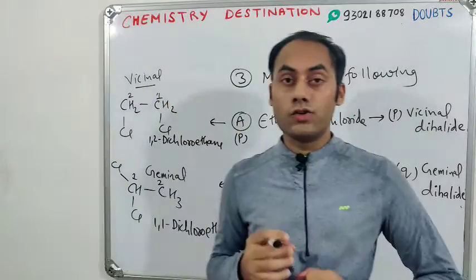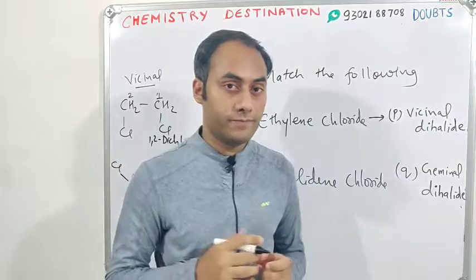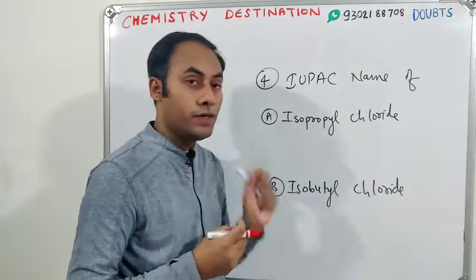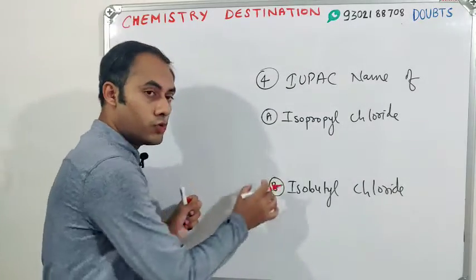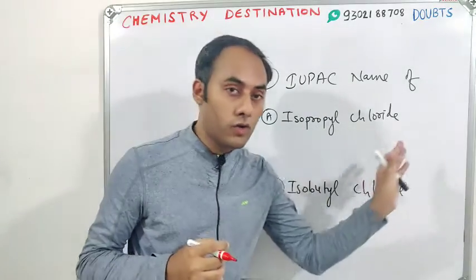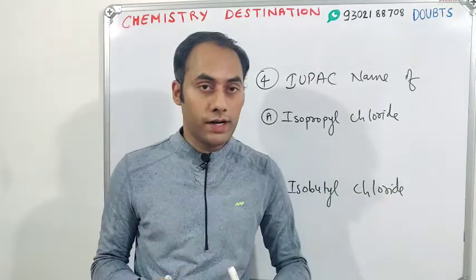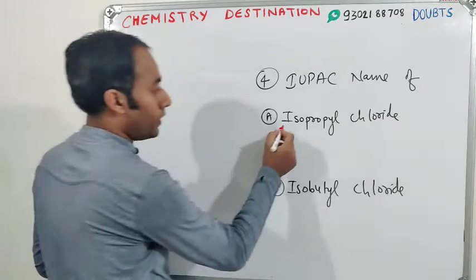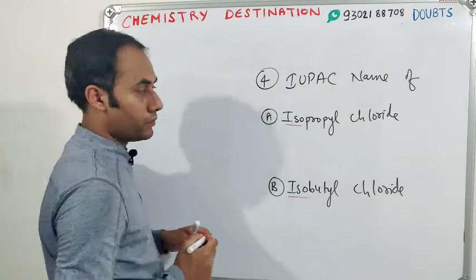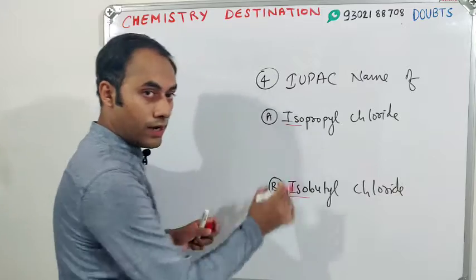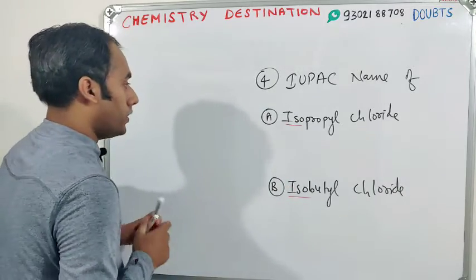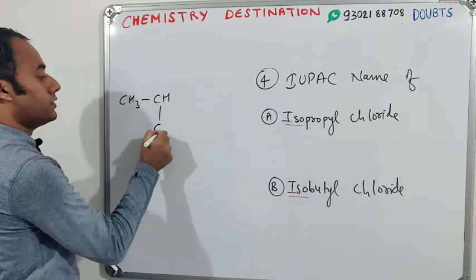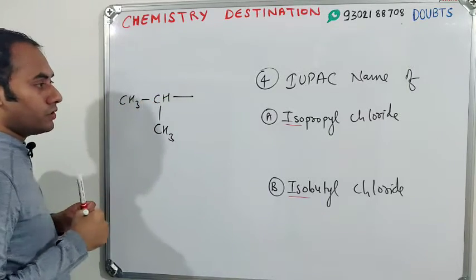Now moving on to the next question, question number 4. In question number 4, we have to write the IUPAC names of these two compounds, that is isopropyl chloride and isobutyl chloride. Now students, remember, whenever we have the prefix iso, write CH3CHCH3.